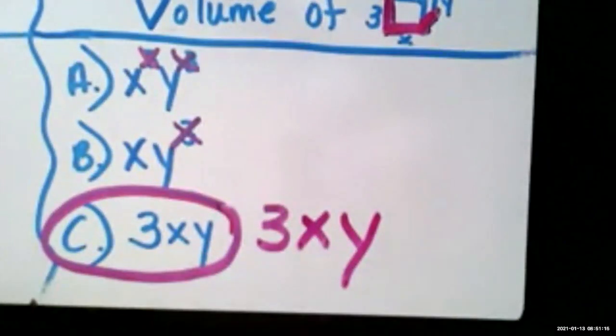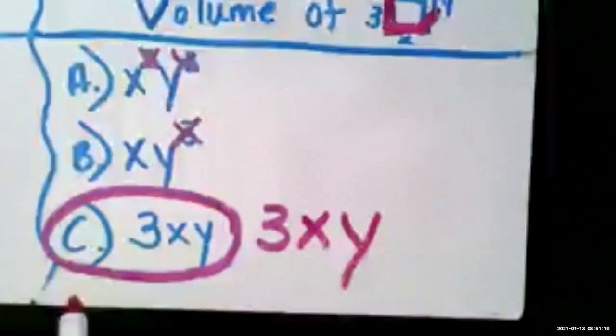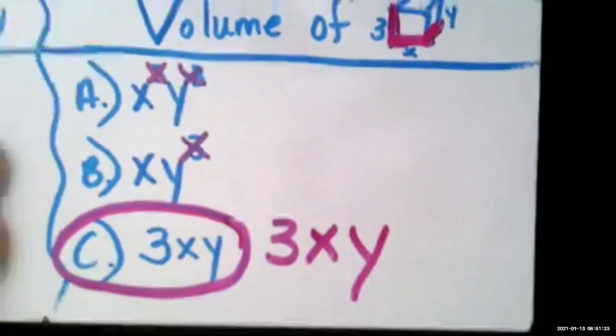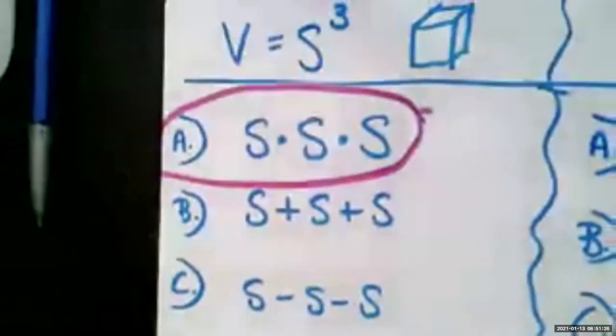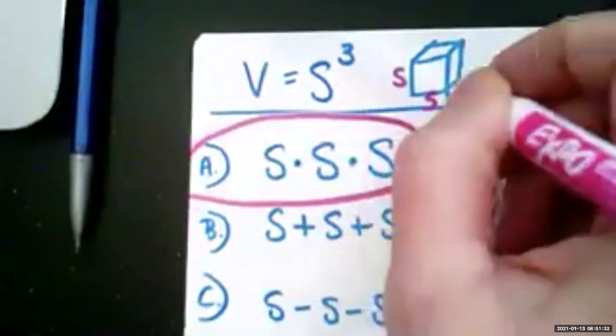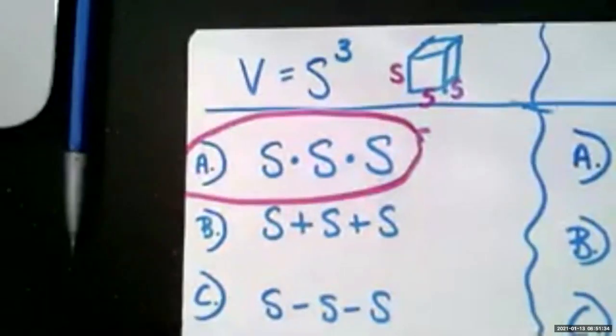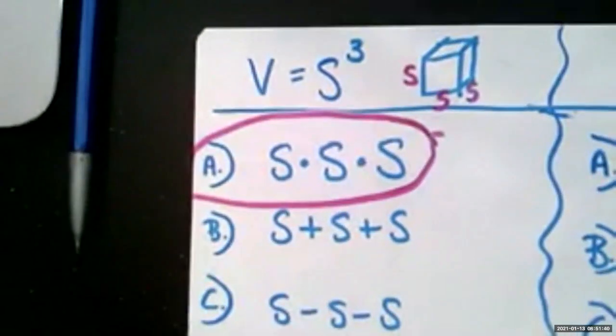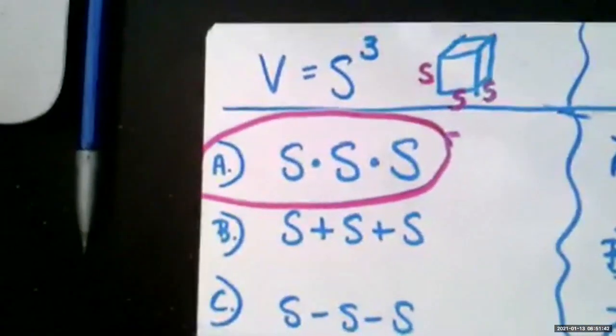So side times side is C. Yes, C is the correct answer. Now the cubed only works if all three sides are exactly the same. This side, this side, this side, all the sides are the same. You're still doing side times side times side. And that's how we got 3xy for that example.